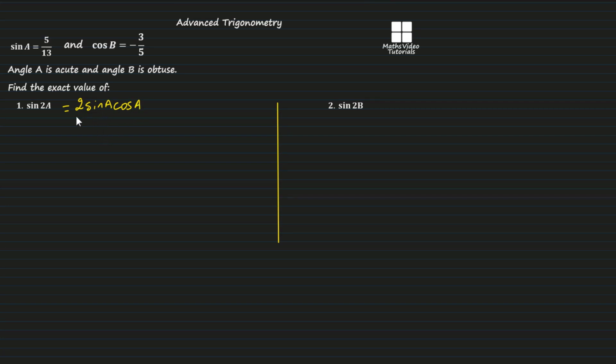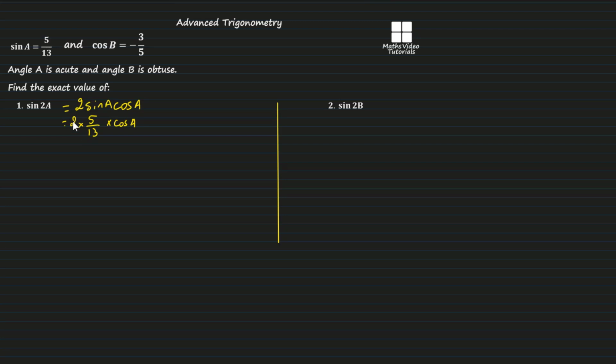So the definition of sine 2a is twice sine a times cos a. Now we have the value of sine a, so let's substitute it: 2 times 5 over 13 times cos a, which we will need to work out.